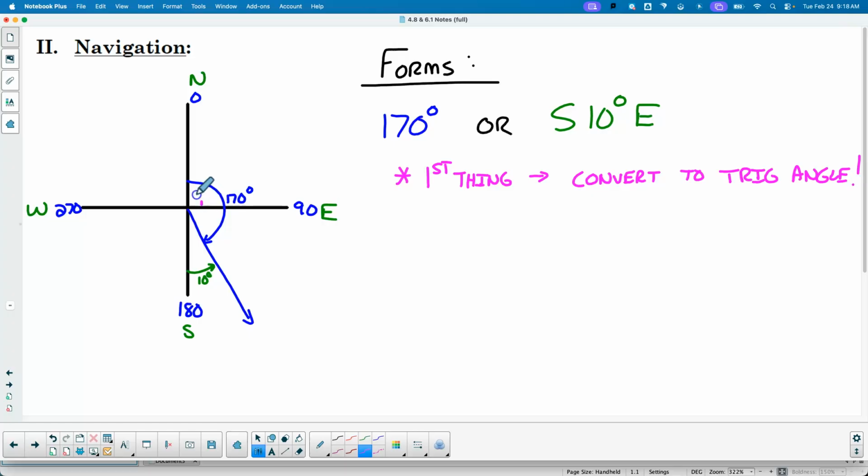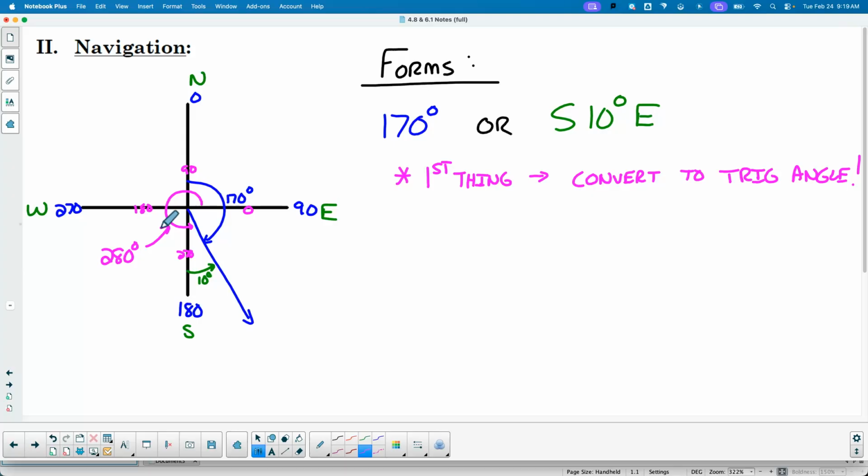Because trig angles start at 0 there. So trig would be 0, 90, 180, 270. So then that would be a trig angle here of 280 degrees. And then that's how we're going to use that in that problem. For the rest of the problem, we're going to use it as a trig angle.